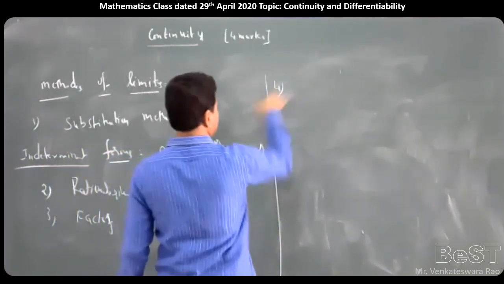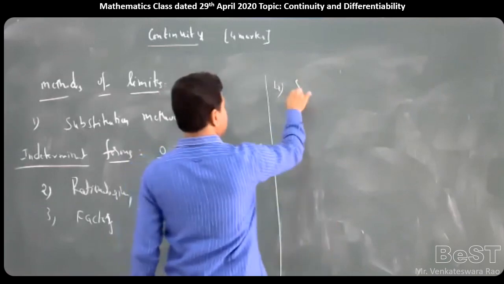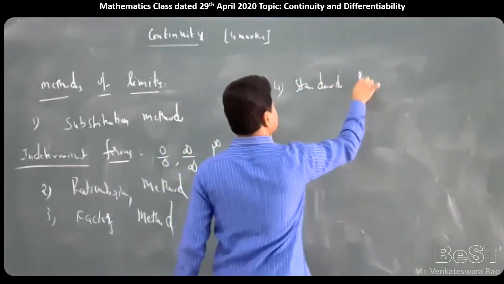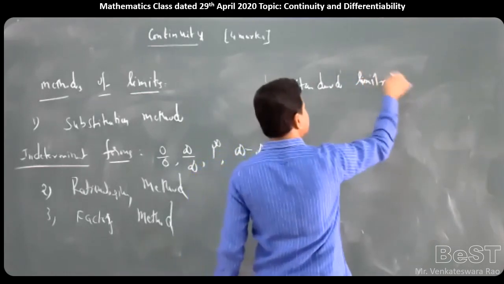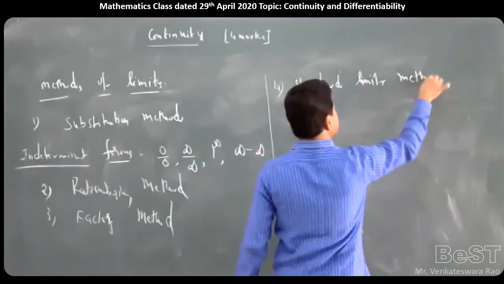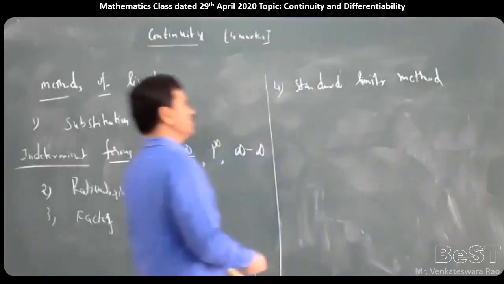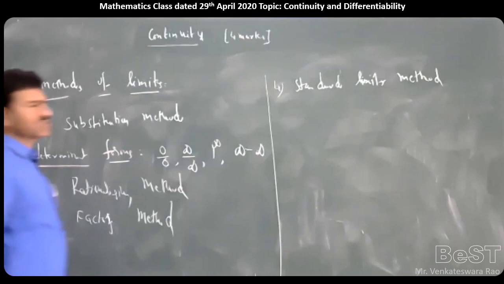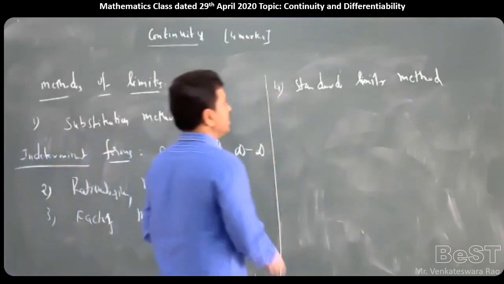Or else we'll use the standard limits method. In PUC, you practice these four: substitution method, rationalizing method, factors method, and standard limits method.